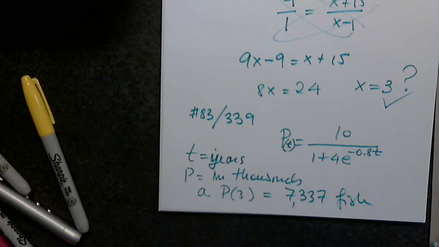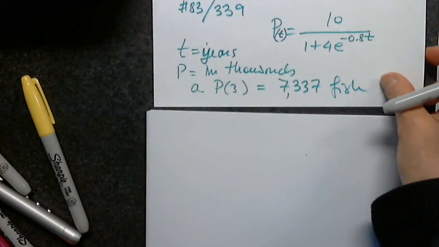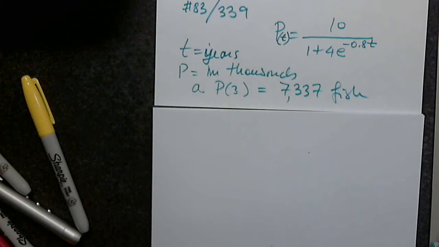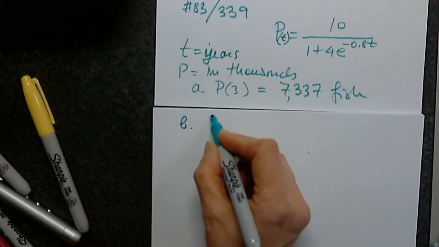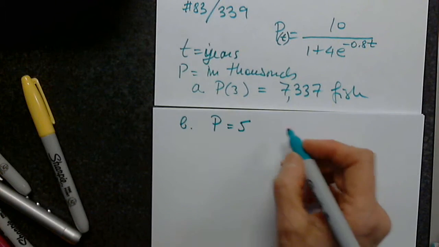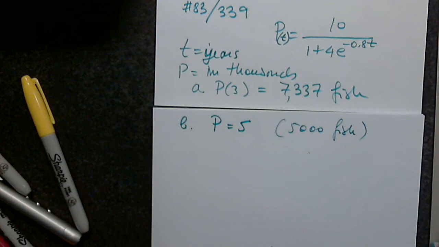Okay, part B. After how many years will the fish population reach 5,000 fish? Of course, they want to be tricky here. So P equals 5, which basically means 5,000. Good. So we're asked to find when.